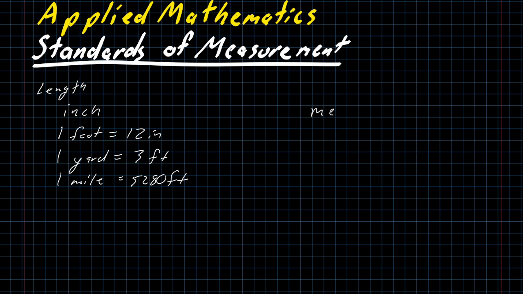There is also, in the metric system, the meter. And you have that 1 meter is 100 centimeters. 1 meter is 1,000 millimeters.